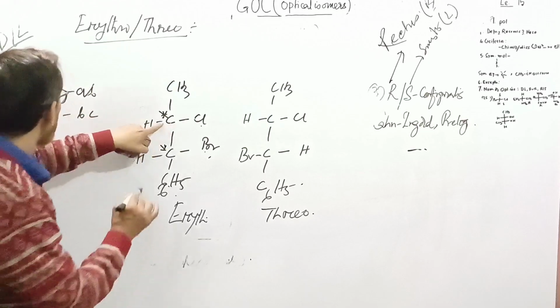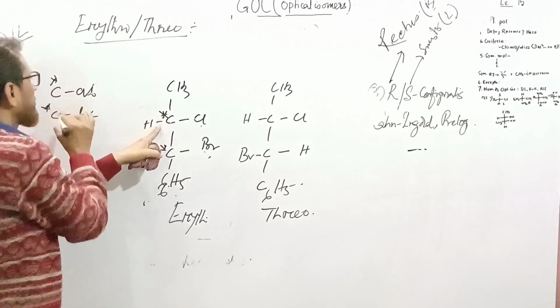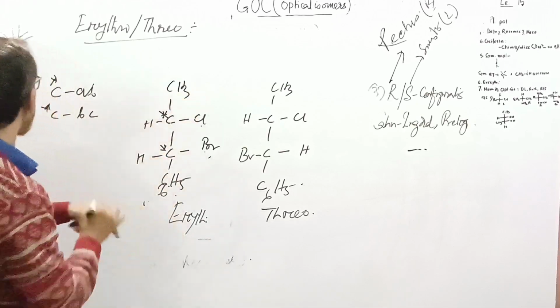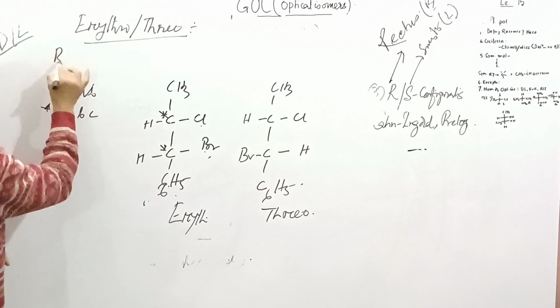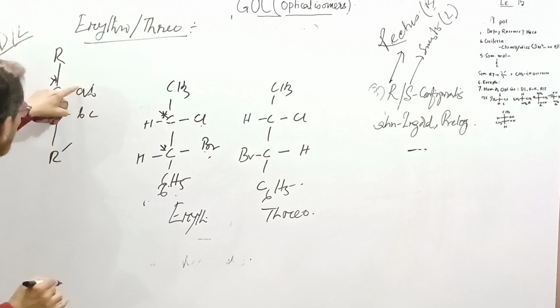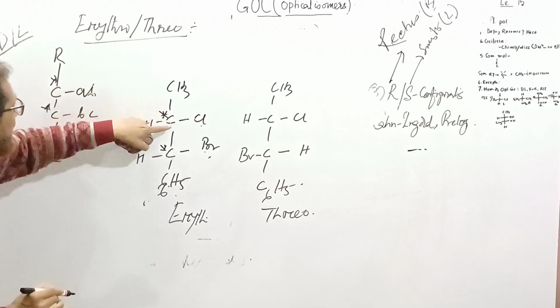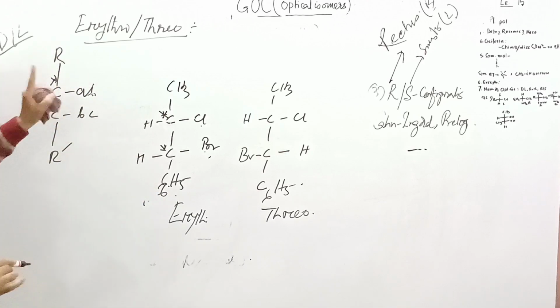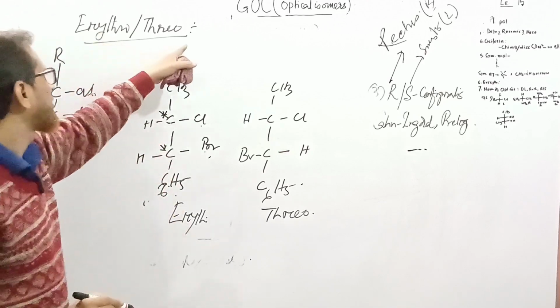If these two carbons have at least two same groups, and the alkyl groups R and R dash are different, then we can designate the name by erythro and threo.